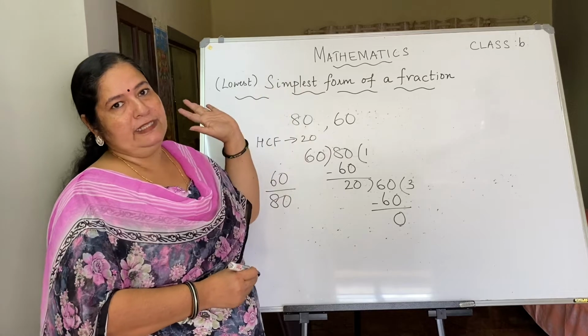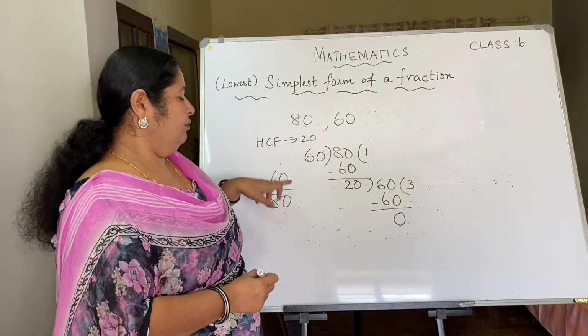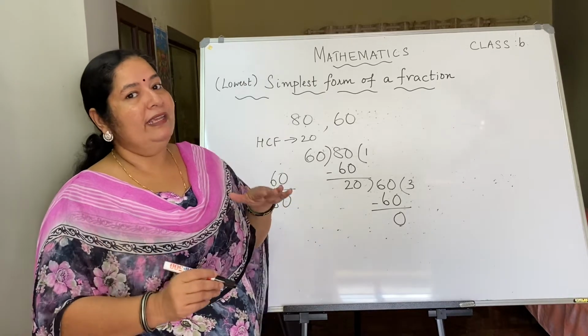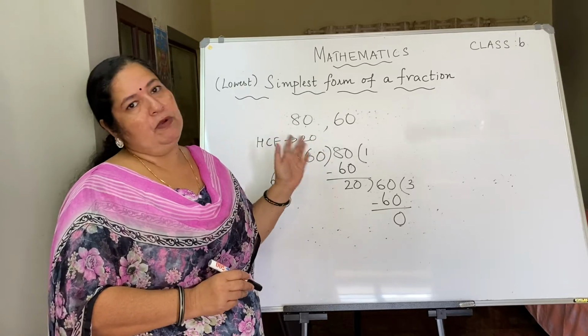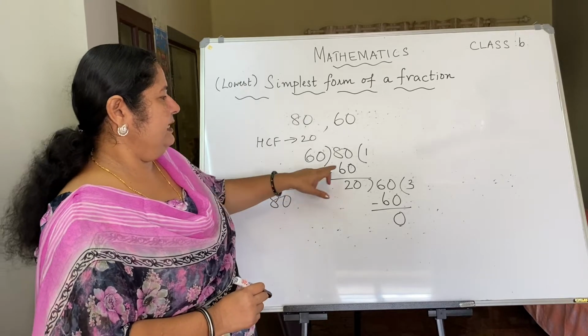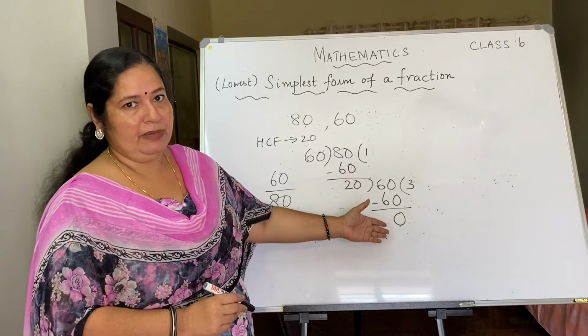First we find the HCF of 60 and 80. Whether 60 is given as a numerator or 80 is given as a numerator doesn't matter for us. You will take the greater number and then divide it with the smaller number to find the HCF. So given the fraction 60 by 80, we found the HCF to be 20 by division method.